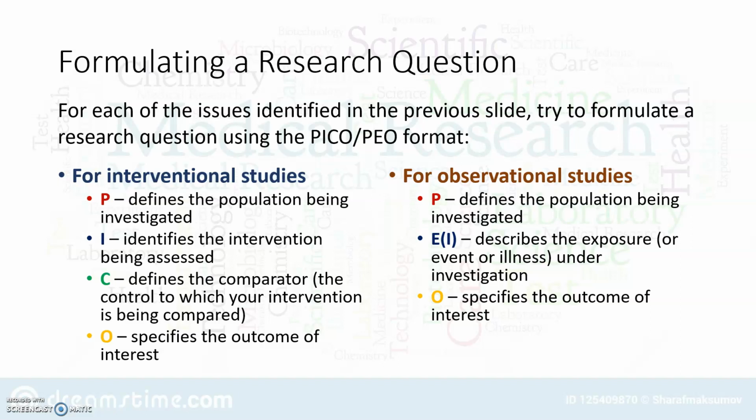So PICO stands for the population that you're going to investigate, the intervention that you're assessing, the comparator, and the outcome of interest. And that works for interventional studies. For observational studies, we may just be looking at the population, the exposure or the event or illness that we're investigating, and again, the outcome of interest.